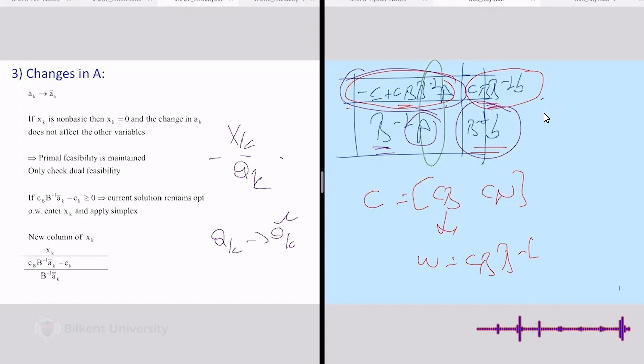If I'm changing the consumption vector of a non-basic variable, which feasibility is not affected? Yep, good. Thank you for listening. Good. Okay, you go on writing there. That means that AK is not in B inverse, so it's not there.